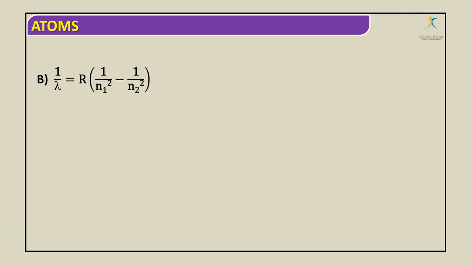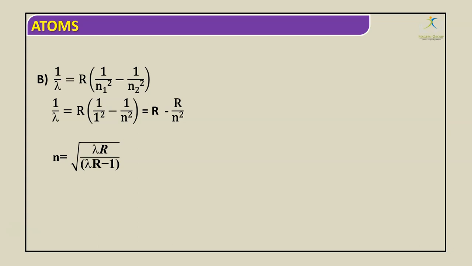For the second one, 1 by lambda is equal to R times (1 by n1 square minus 1 by n2 square). So 1 by lambda is equal to R times (1 by 1 square minus 1 by n2 square), which is equal to R minus R by n square. So n comes with the value under root of lambda R by (lambda R minus 1).